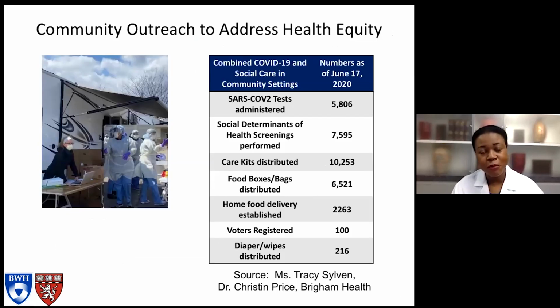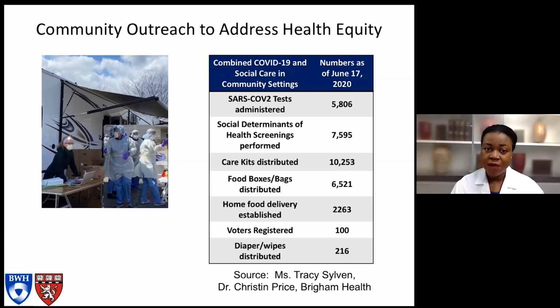So it was very important that we use the principle of community outreach and community engagement to bring coronavirus testing as well as equipment and food into community settings.